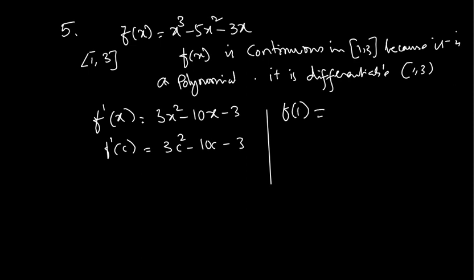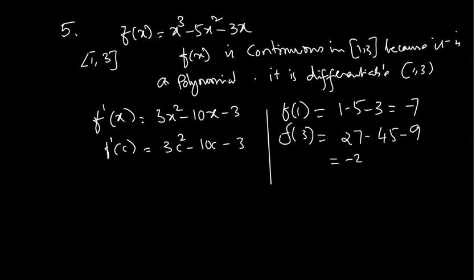So we equate this to this. 3c squared minus 10c minus 3 equal to minus 10. So you get 3c squared minus 10c plus 7 equal to 0. So quadratic equation, by simply factorizing. 3 7s are 21, right?